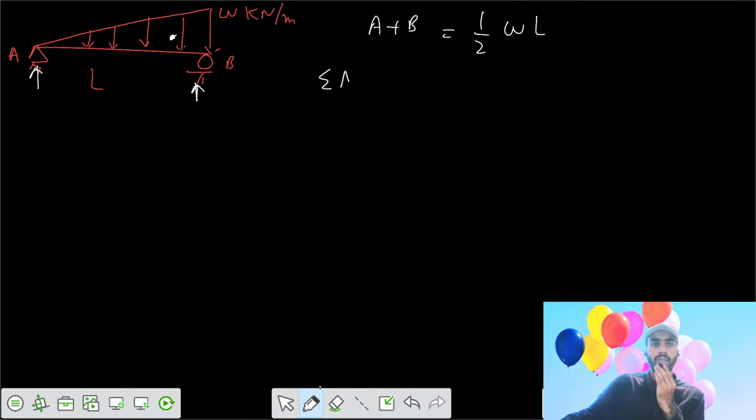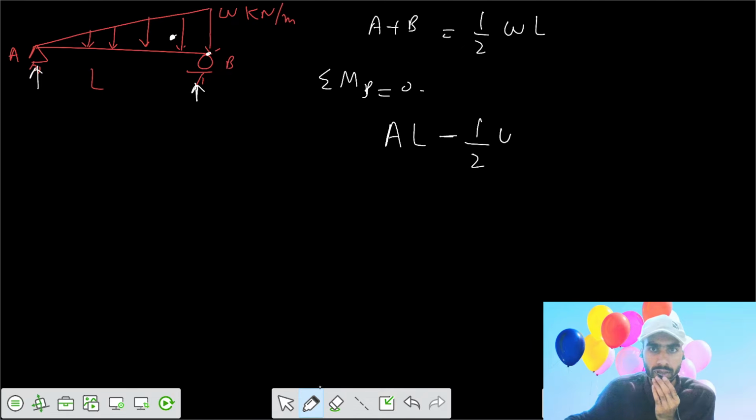And taking summation of moments at B equals 0, we have A into L, clockwise moment about point B, minus the area of that triangle, WL by 2, which acts as a load at a distance of L by 3 from support B, equals 0.